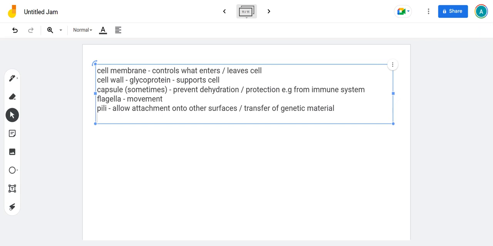Now let's look into the middle of the cell. So obviously we've got, going in from the membrane, these little folded bits from the cell membrane, and they're called mesosomes. They're literally little inward folds of the plasma membrane, and it's not 100% sure what they are.